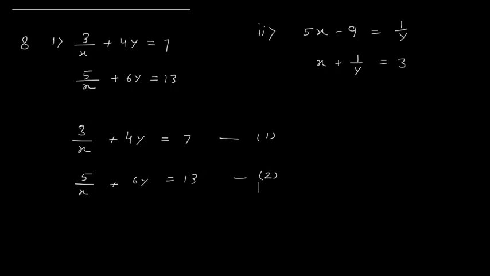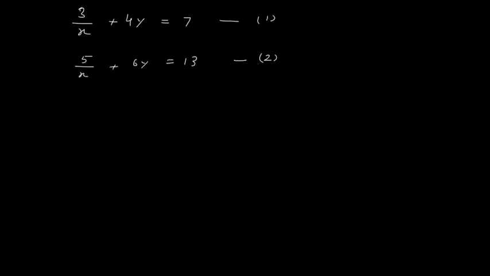So here I will say let 1 upon x is equal to a, and if you want you can take y as equal to b, as it looks good if I create equations in a and b instead of a and y. So let us say 1 upon x is a and y is b.